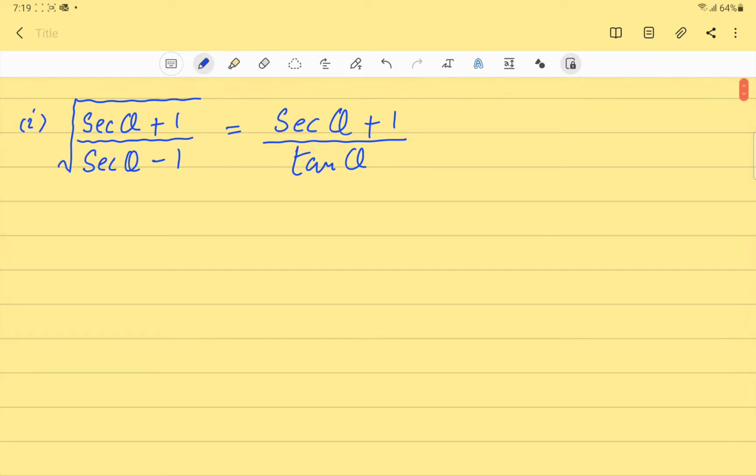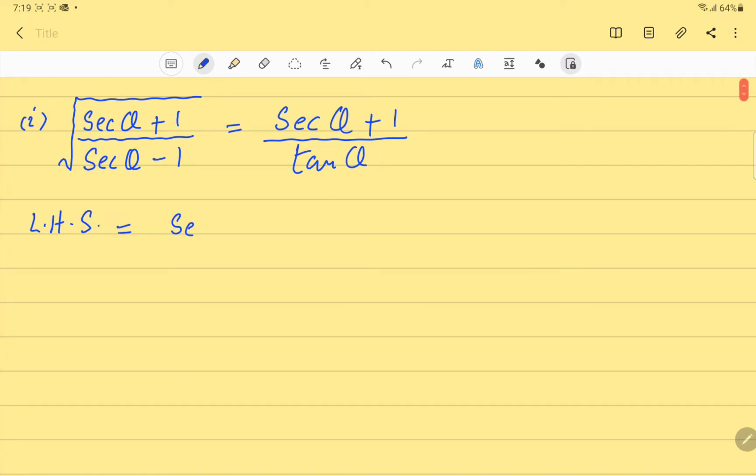Okay, in this question our left hand side is the square root of secant theta plus 1 over secant theta minus 1. We will multiply and divide by secant theta plus 1.